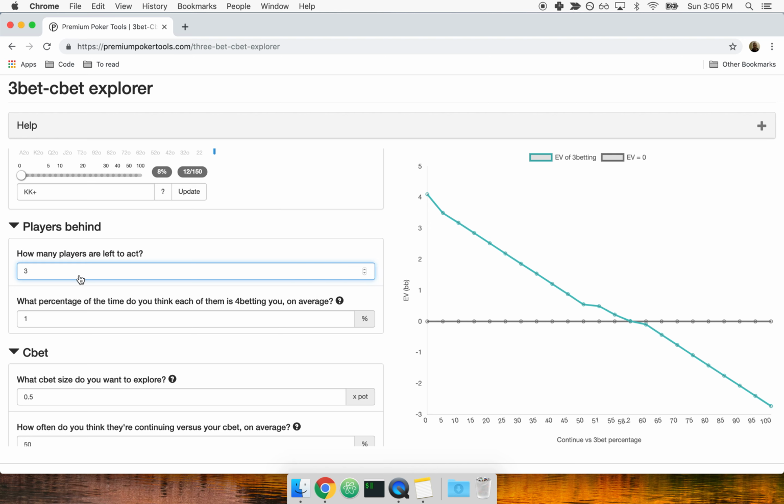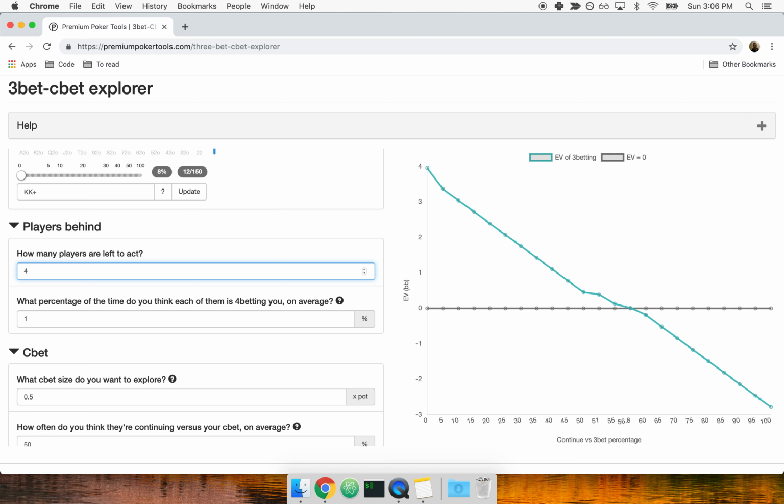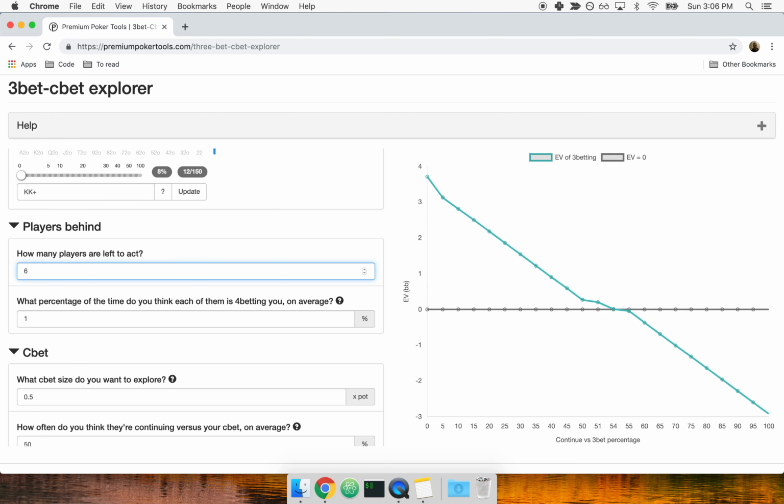Okay, so let's start off on the button. We see the break even is 59%. Now let's move down to the cutoff, hijack, low jack, middle position. We see that it moved from 59% down to like 54%. So having more players behind that can 4-bet you didn't really change things that much.